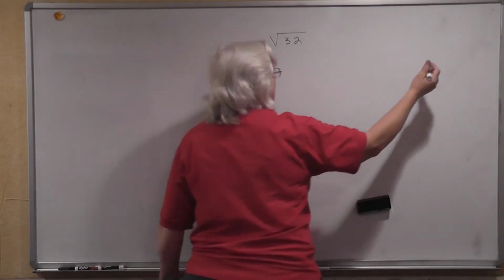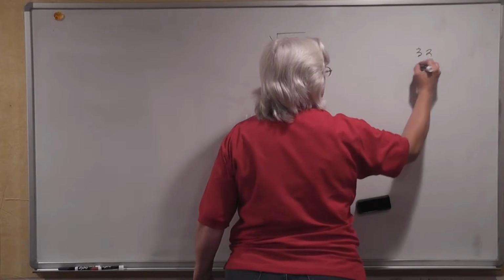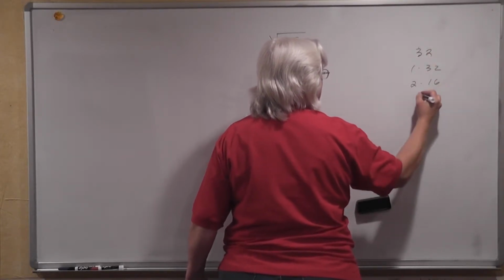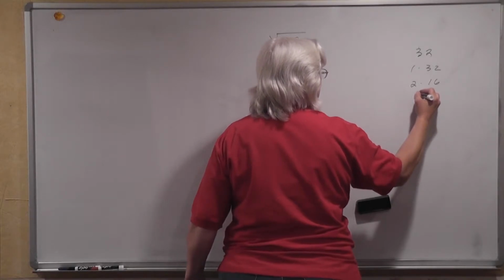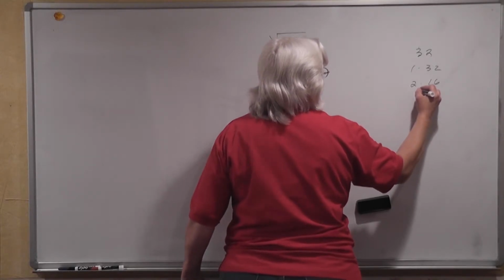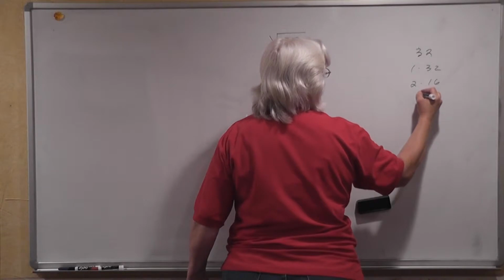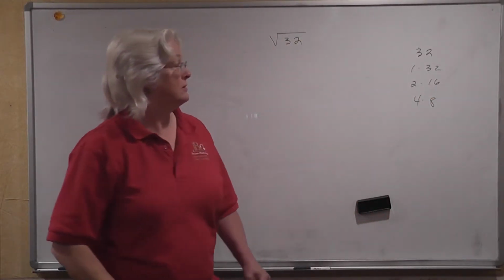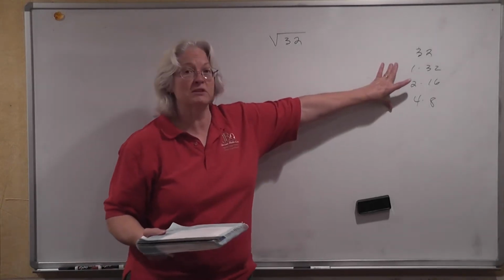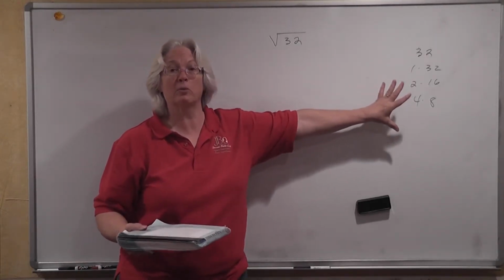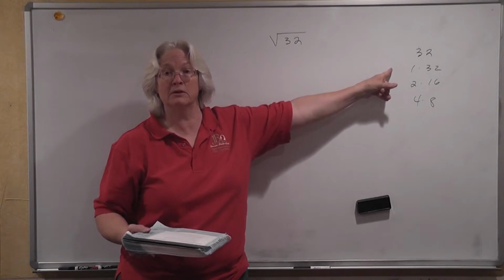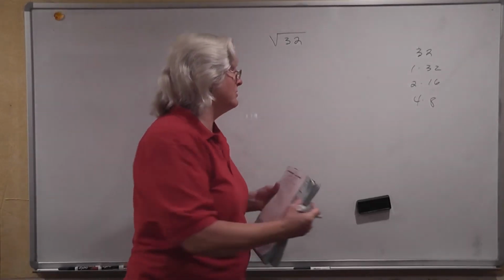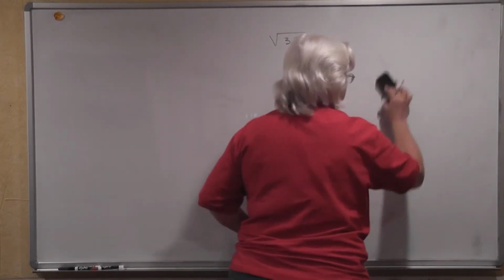Well, no, you can't, because 32 can be written as 1 times 32, it can be 2 times 16, it can be, oh, what else is it? 4 times 8 is 32. But there's not some number in here that when you multiply it by itself, you end up with 32, is there? This is why I said it's a good thing if you can memorize your perfect squares.